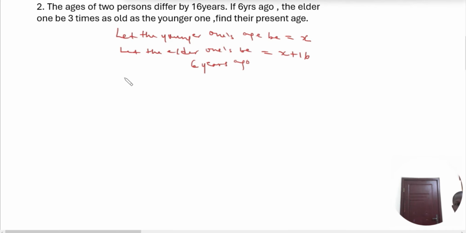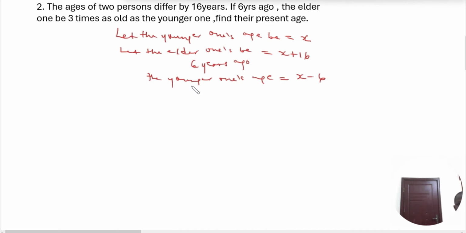So 6 years ago, the younger one's age will be x minus 6, since the younger one's age is x years old. It's ago, not after. 6 years ago, it will be x minus 6.